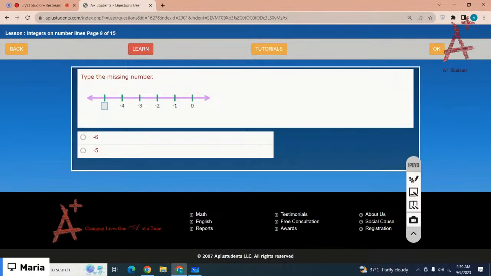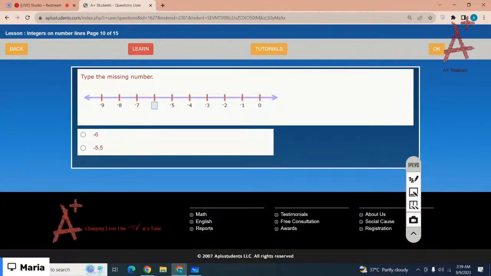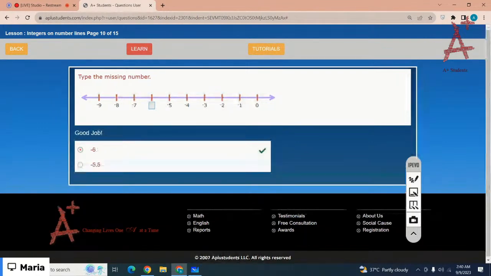Type the missing number. So which number is missing? Yes, that would be -5. Type the missing number. So which number is missing? Yes, it would be -6. Between -5 and -7, you have -6.